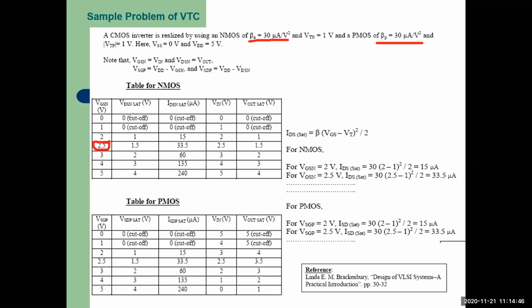Okay. Now your VDS. Remember, VDS is equal to VGS minus VT. So your VGS is 0, your VT is 1. So 0 minus 1, how much? Not minus 1, it is 0. Why?